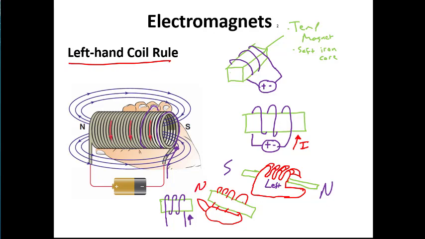So that means that this is the North Pole and this is the South Pole. Not an artist. Okay, so hopefully that explains it a little bit. I would consult the book for some better pictures of this. So when we look at this picture, we should get North Pole over here and South Pole over there.